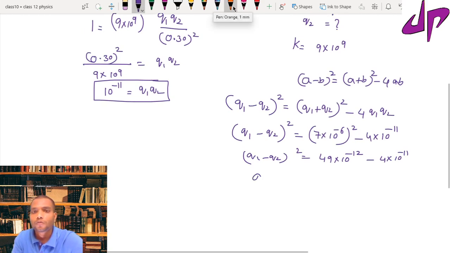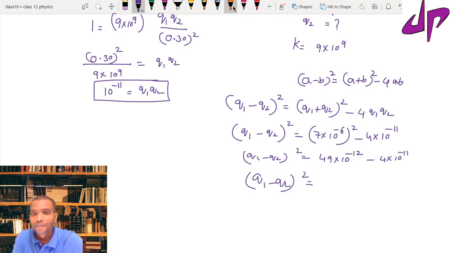We can bring it to similar powers of 10, writing it as 4.9 times 10 power minus 11 minus 4 times 10 power minus 11. These two powers are the same, so you can subtract. I get 0.9 times 10 power minus 11 as Q1 minus Q2 whole square.